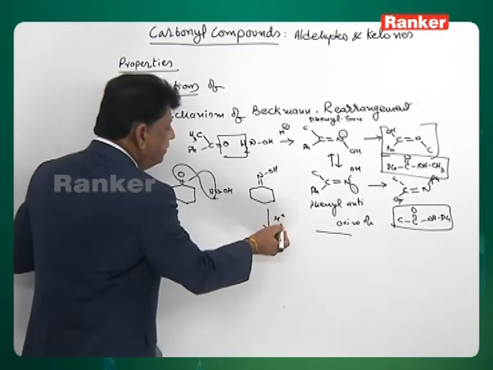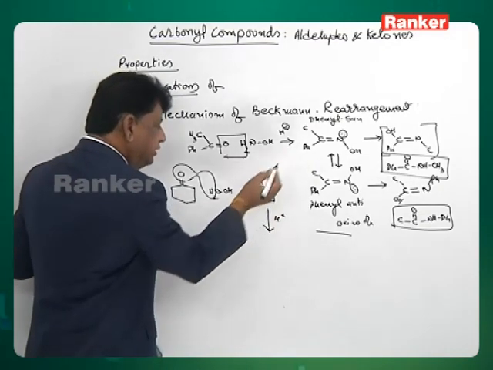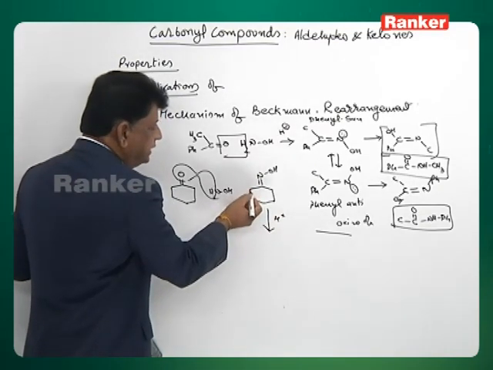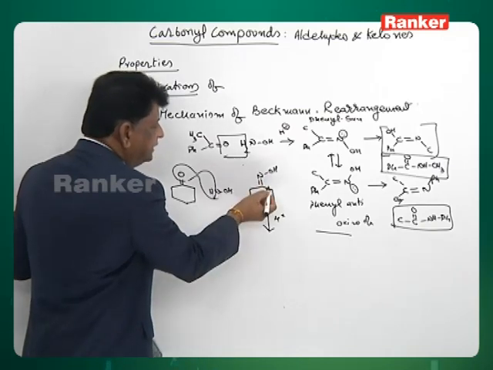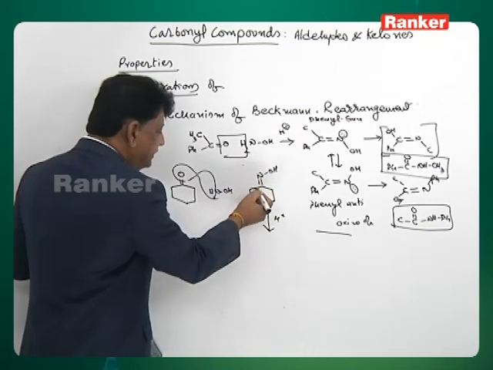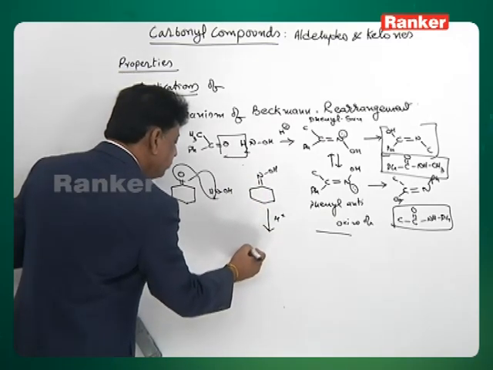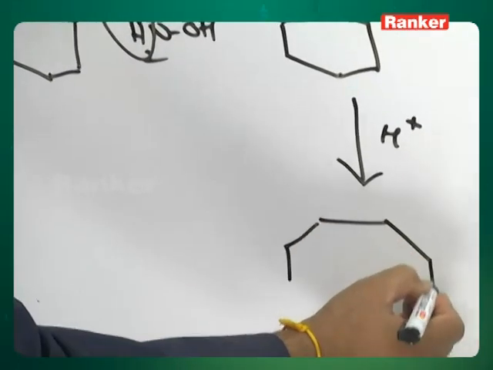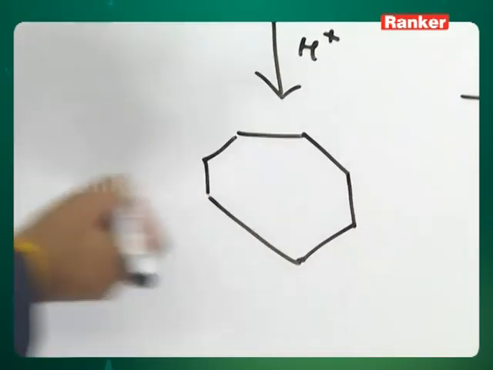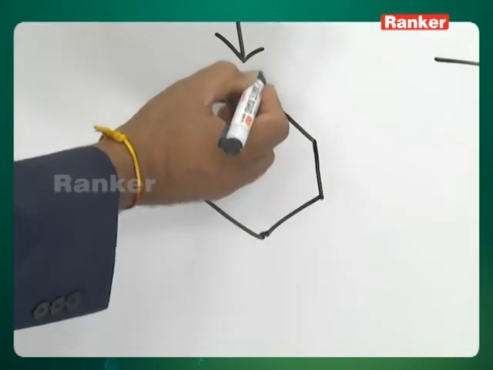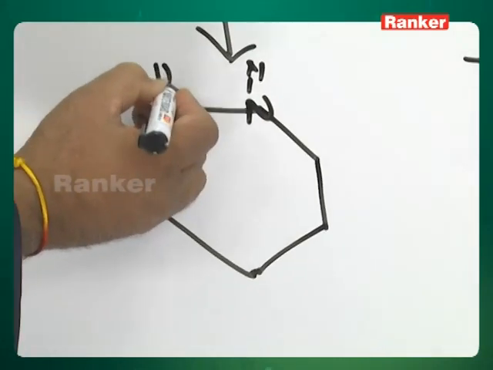Now the proton will attack and the water is lost. One of the groups which is opposite, if the OH is this side, if the OH is that side, this group will migrate and you will get a 7-membered ring formation. That is N with the hydrogen and this side you will get a ketone.